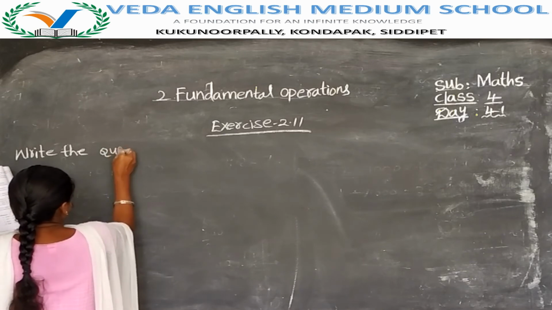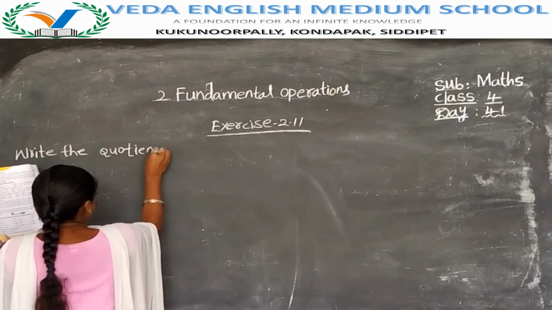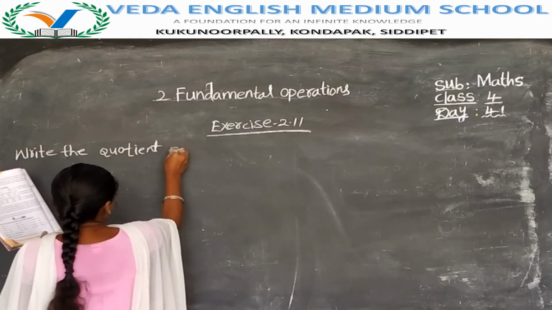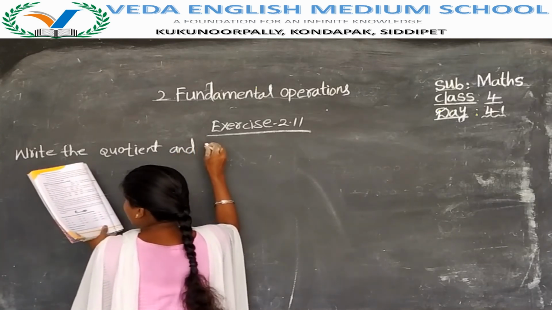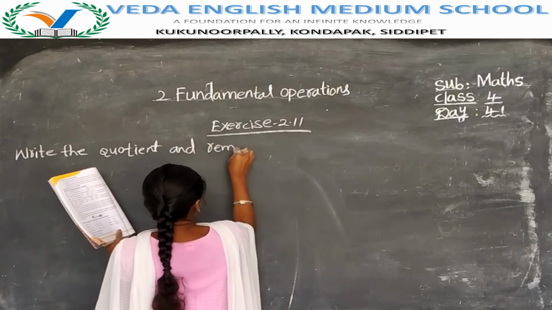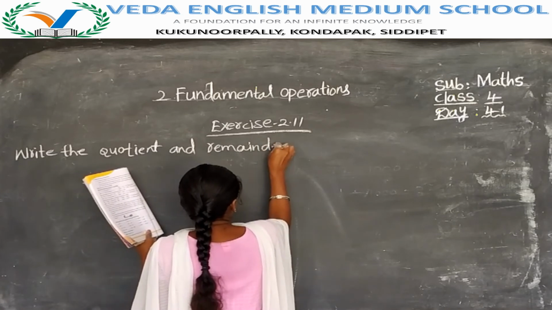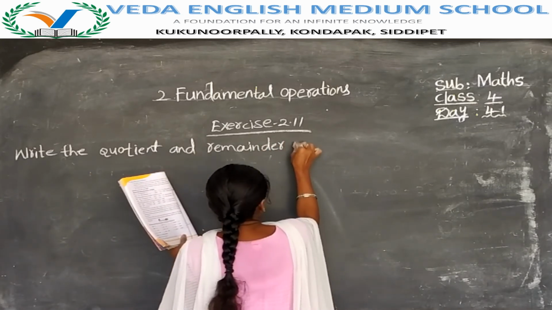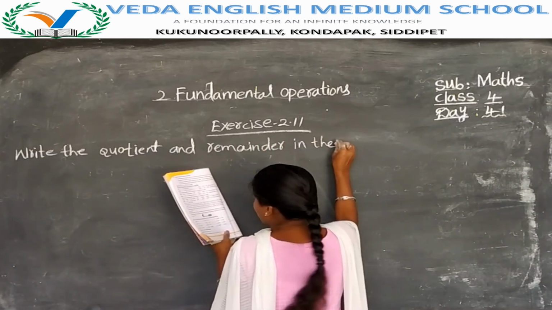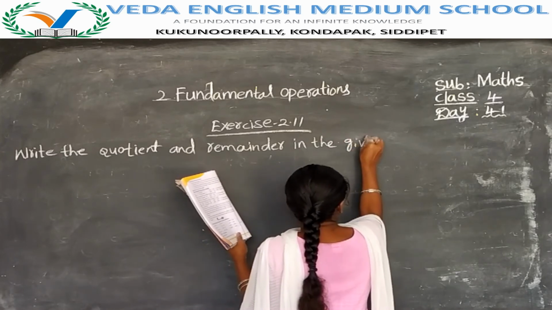You have to remember, Nana, in the division always quotient is our answer, not remainder. In division, quotient is our answer.